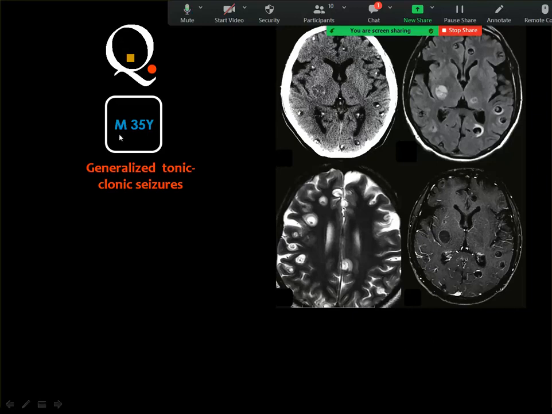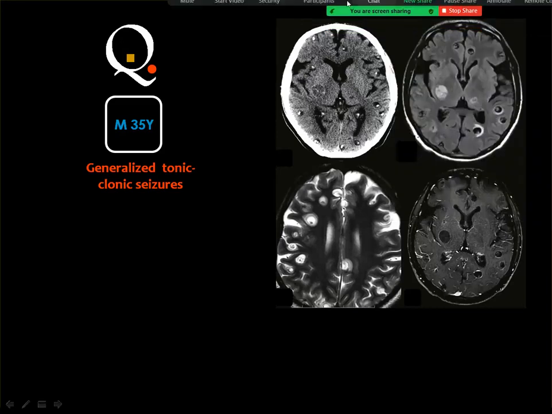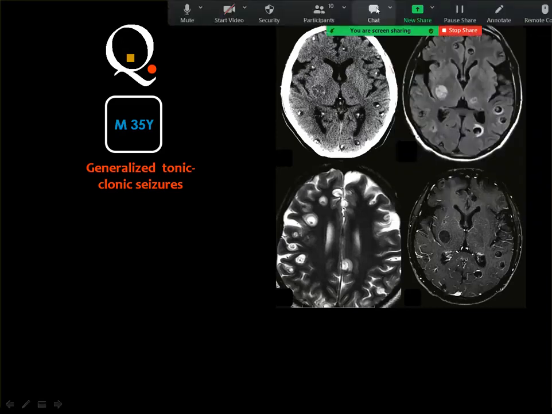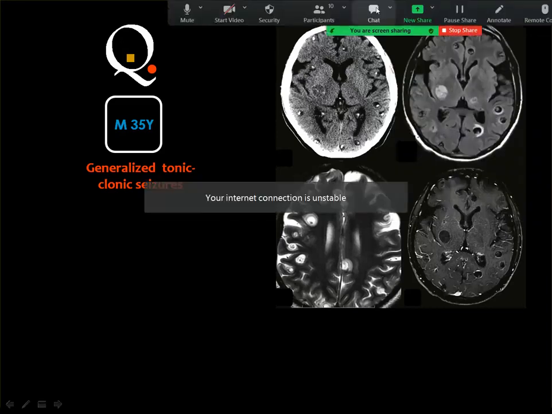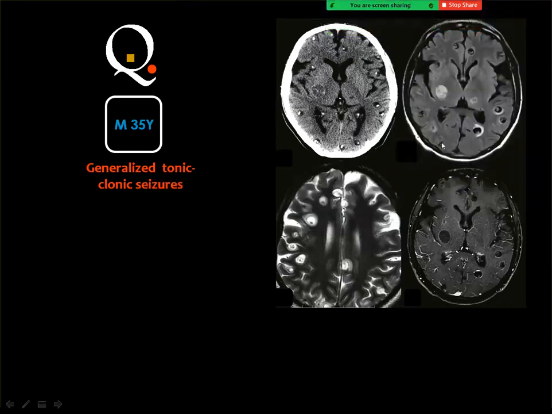Next case is a male, 35 years old, with generalized tonic-clonic seizures. Yes, and this is a classic appearance of cysticercosis in the brain, neurocysticercosis.